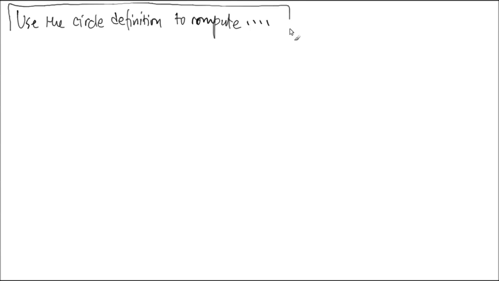Use the circle definition to compute the following. That's how the phrasing of a question is going to appear in the test. Right? So let me show you.